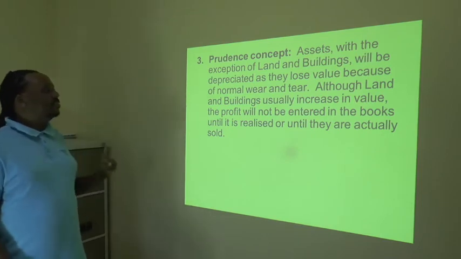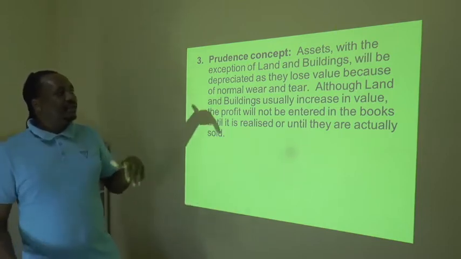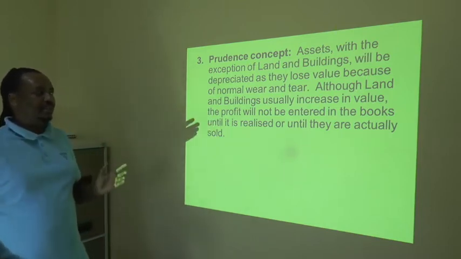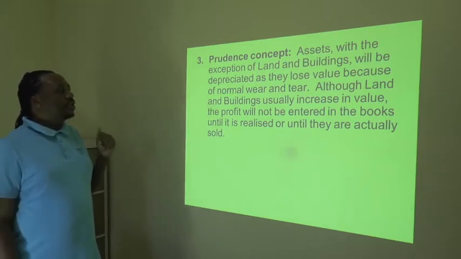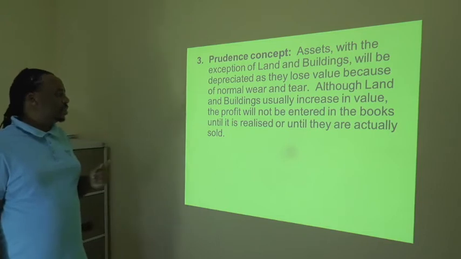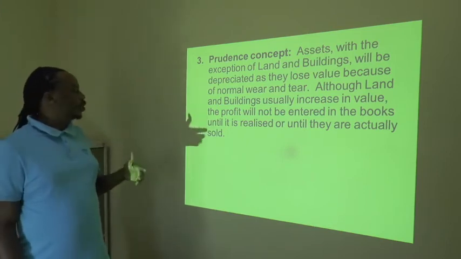Although land and building usually increase, which means they appreciate. Their value appreciates, not usually depreciates. It usually increases its value. The profit will not be entered in the books until it is realised, or until they are actually sold.